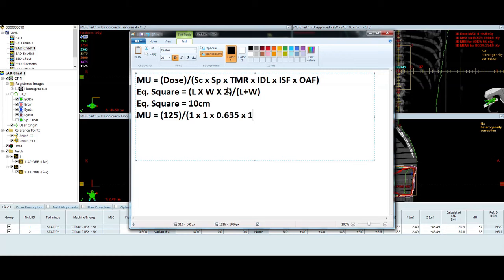My isodose line is 1 because I'm prescribed to the 100% isodose line. And my inverse square factor is source to calibration distance, 101.5, divided by source to calculation point distance, which at the isocenter is 100, squared. Again, that's a standard inverse square factor for calculating to the isocenter of 1.03. And I don't have any off-axis factors since I'm calculated to ISO.